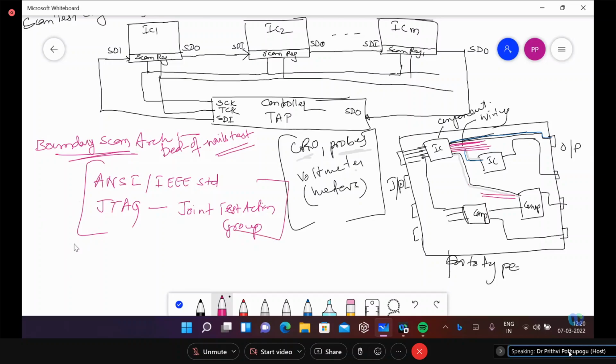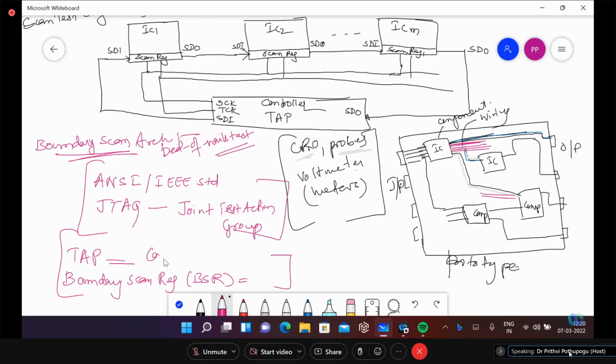Each of the standards will provide a TAP controller and the boundary scan register, that means BSR, incorporated in their IC.